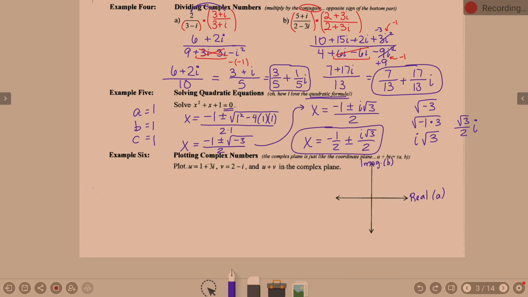So, for example, if we want to plot U, and U is 1 plus 3i, what ordered pair will represent 1 plus 3i?